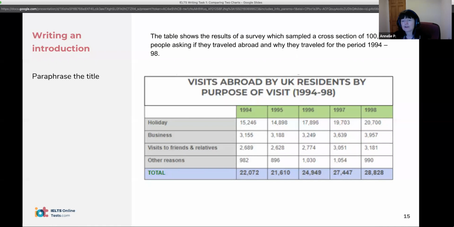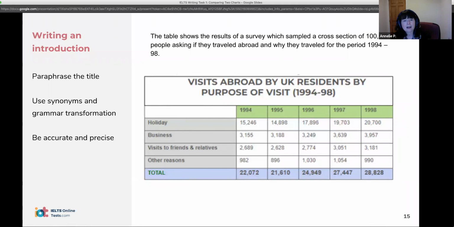Maybe you use nominalization. Very good, Sultan, the form of the word. These are all different ways that we can paraphrase. It's not just synonyms. And also be very accurate and precise with your information. If you're doing the timeline, you need to put the timeline in the introduction. Make sure that you've got the right timeline.